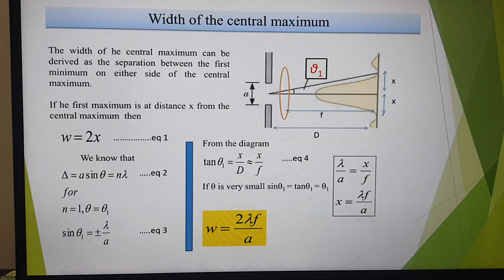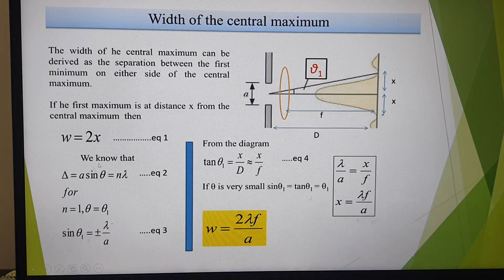The width of the central maximum can be derived as the separation between the first minima on either side of the central maxima. If the first minimum is at distance x, we can observe this in the first diagram. Here it will be P0 and here it will be P1. That will be the distance between two wavefronts, that will be x, the central maxima.